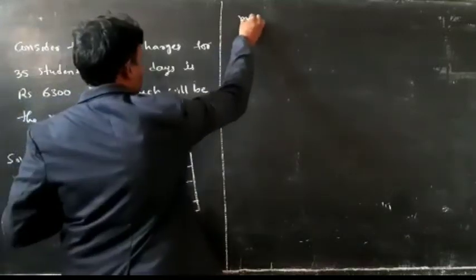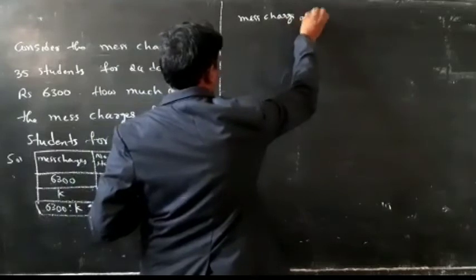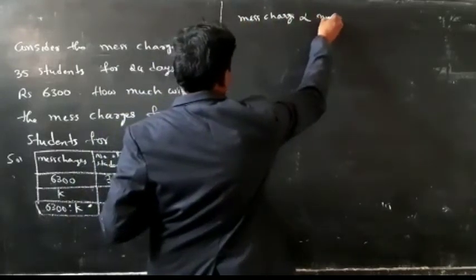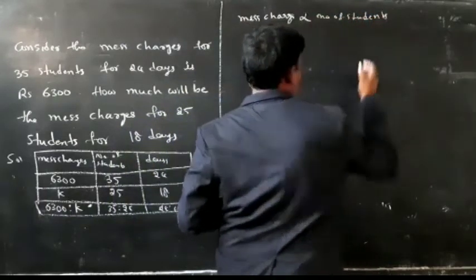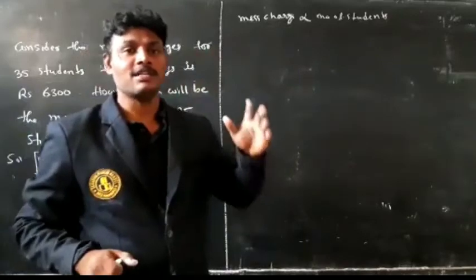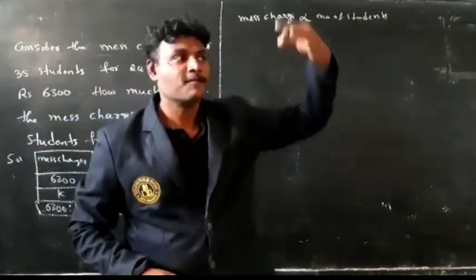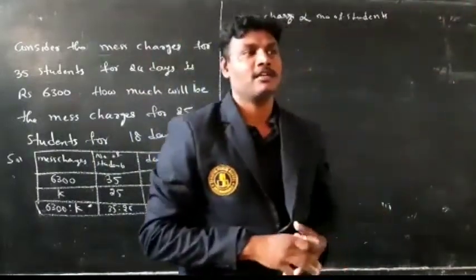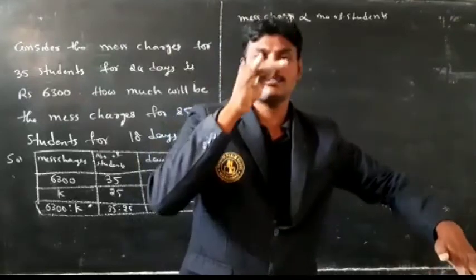Here, mess charges are always directly proportional to the number of students. If students increase, mess charges also increase. If the number of students decreases, mess charges also decrease.